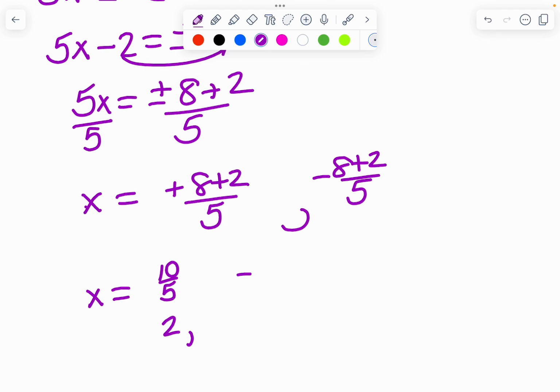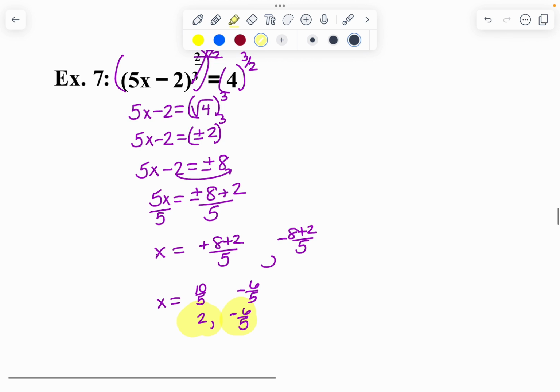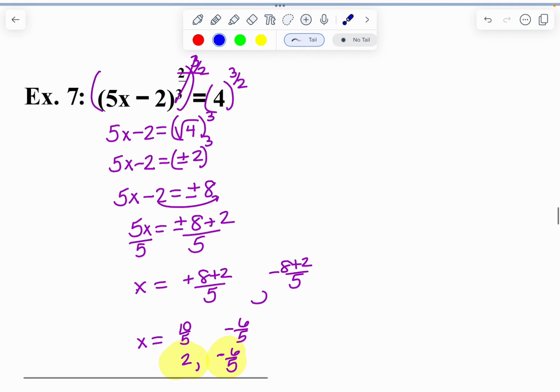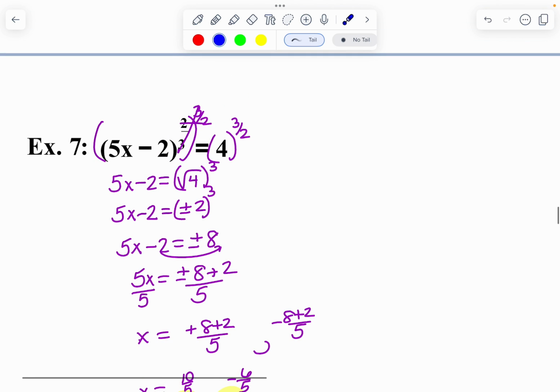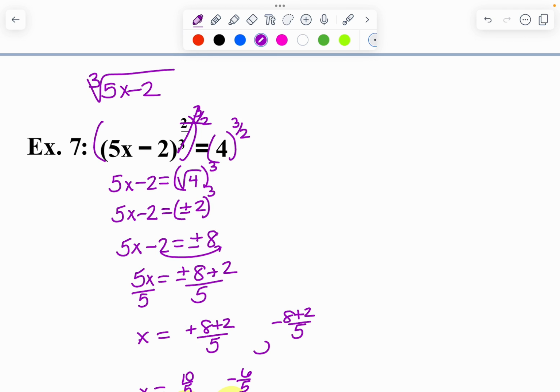And this becomes negative 6 over 5, which is just negative 6/5. So my answers are going to be this. Now this I do not need to check because my original problem had an odd number as an index. So if I were to write my original problem, it'd be the cube root of 5x minus 2. I do not need to check those.